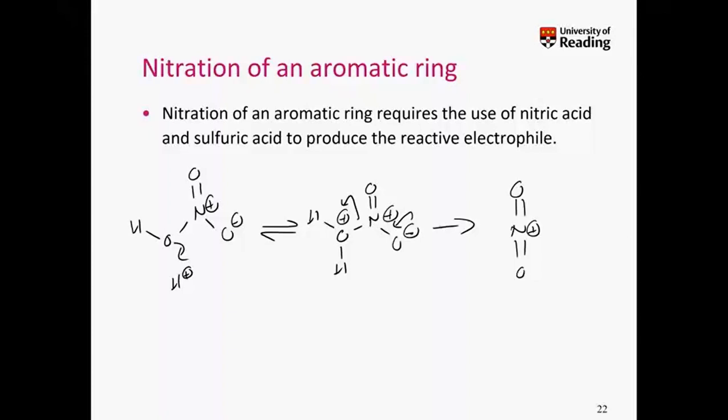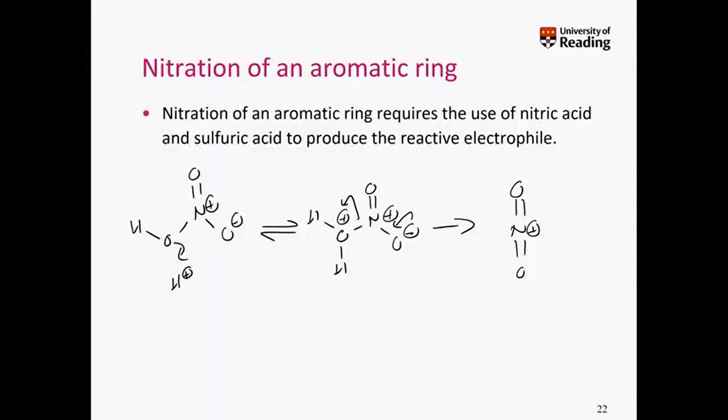So again, what I need you to understand is if you see nitric acid and sulfuric acid together, that's going to give you NO2+. And this is what the structure of NO2+ looks like. If you can show me how that happens, great. You might get an extra mark, okay, out of a 5-mark question. But as long as you can recognise that it gives you NO2+, that is the absolute key thing.